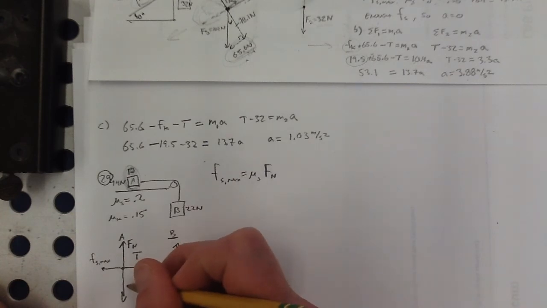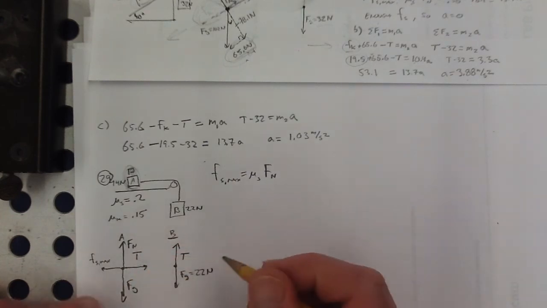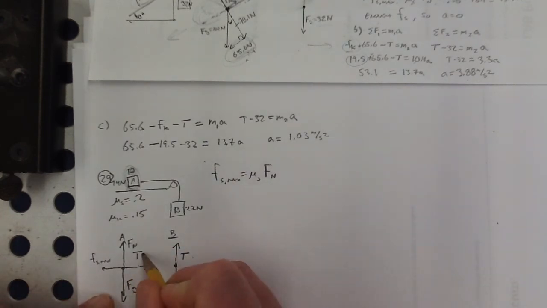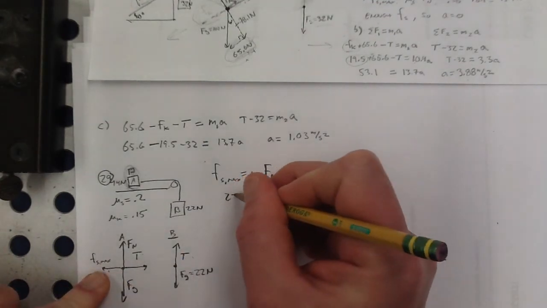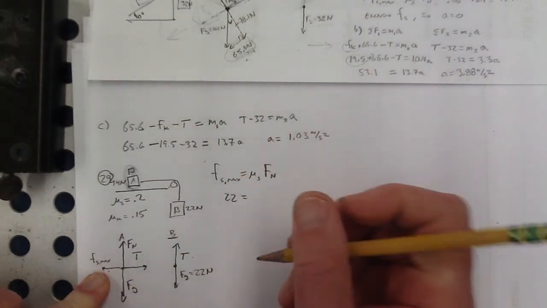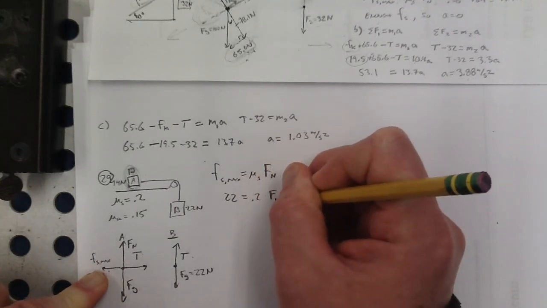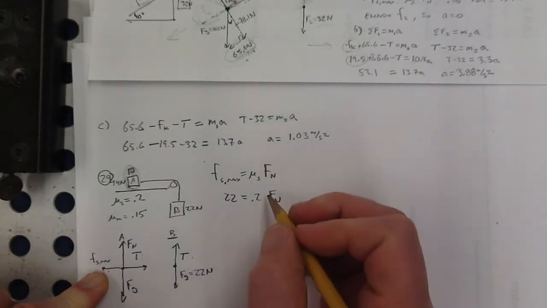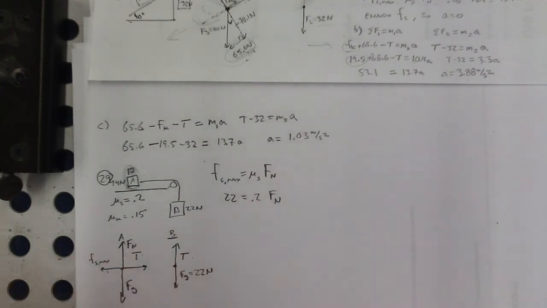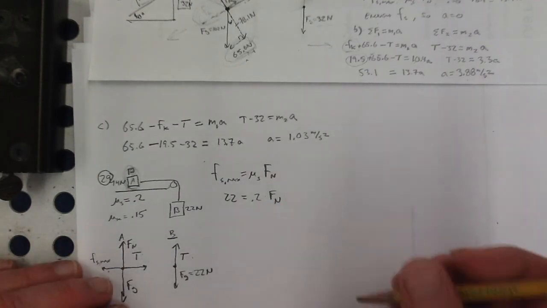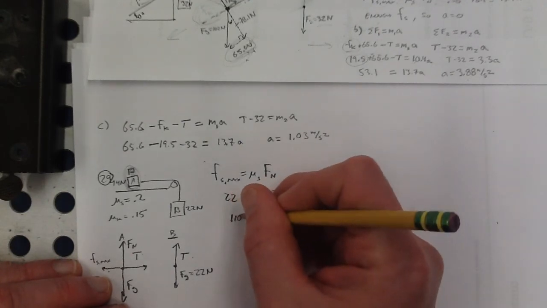So what I'm trying to figure out here is, if that's 22 and that's 22 and that's 22, then 22 newtons is equal to the static coefficient 0.2 times the normal force that's going to keep us at that condition. So 22 divided by 0.2 is 110.